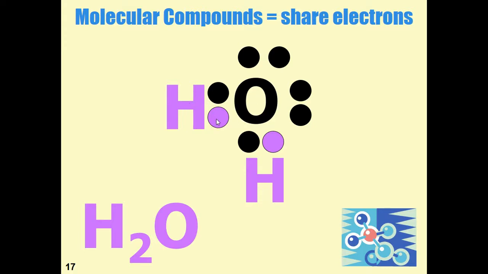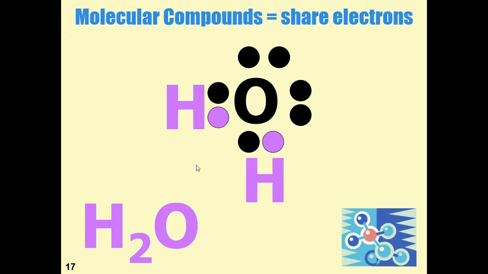This hydrogen is sharing its one electron with oxygen in order to achieve two electrons around itself, which is what it needs. The same is true for hydrogen here. And when those two hydrogens share their electrons, now oxygen gets an octet and it is where it needs to be. So that is the whole benefit of sharing electrons: they reach an octet, or in this case, hydrogen reaches 2, which is what they need.